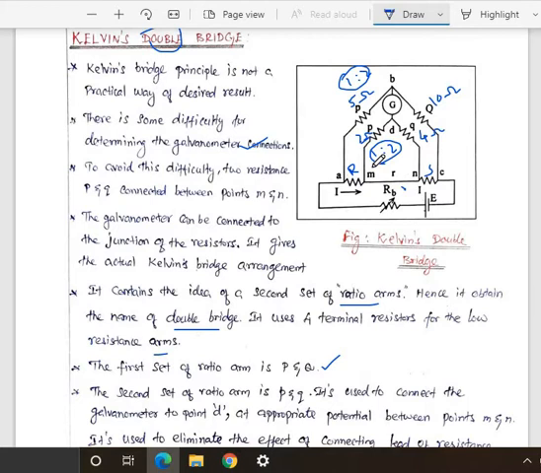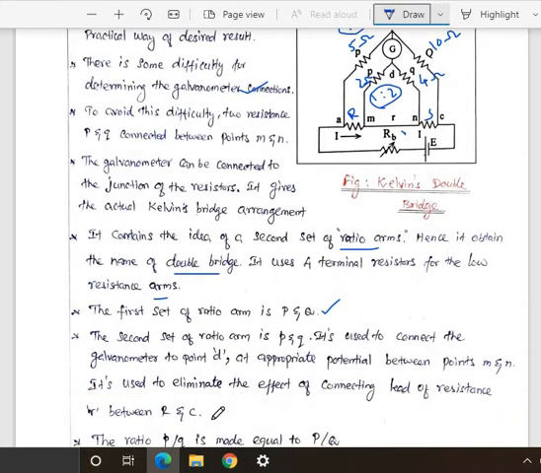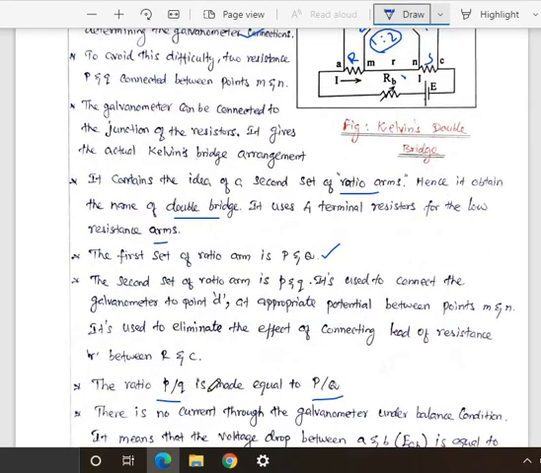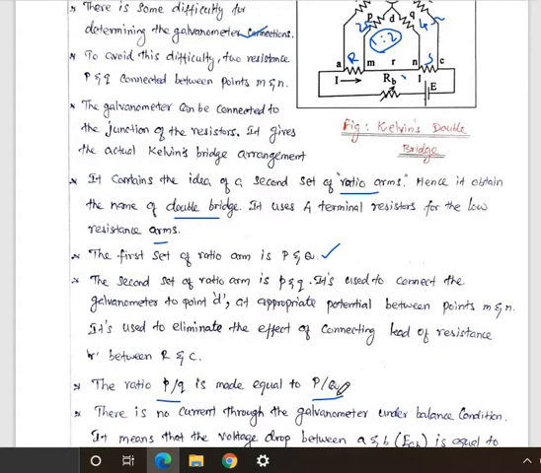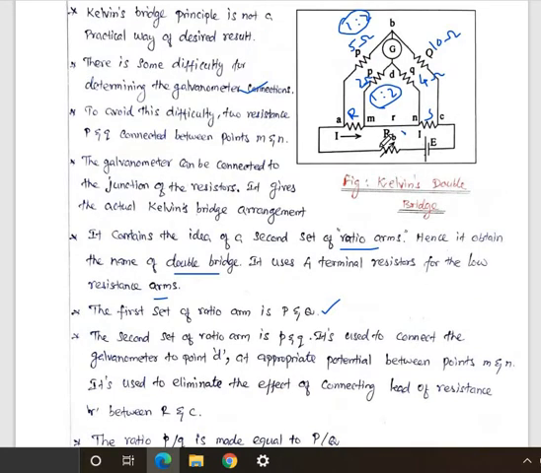So the ratio of small p and q is made equal to capital P and capital Q. That is, the ratios are equal. You just have to select the resistances in equal ratios, and only then will the circuit be balanced. Otherwise the circuit will not balance. Maybe we just have to use a balancing resistance here. You can adjust that and the circuit will be balanced.